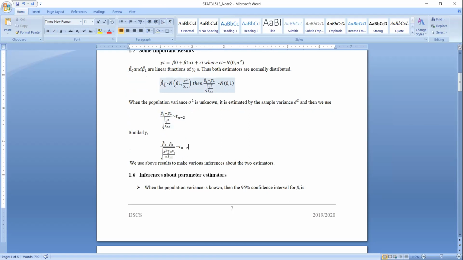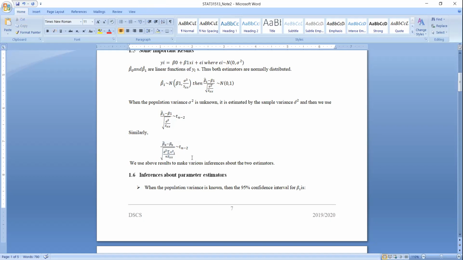So using the same procedure, we can come up with the test statistic for beta 1, and this test statistic for beta naught as well, which again has a t distribution, because you can see here we have replaced our sigma square value with the estimator, right?